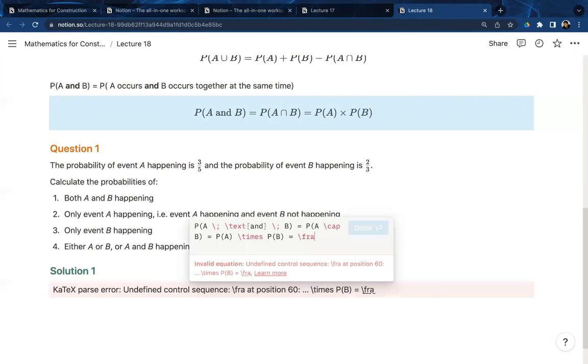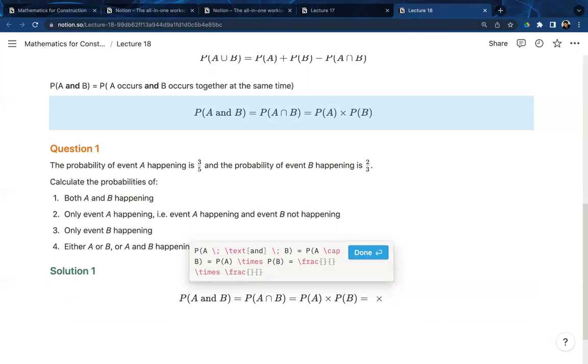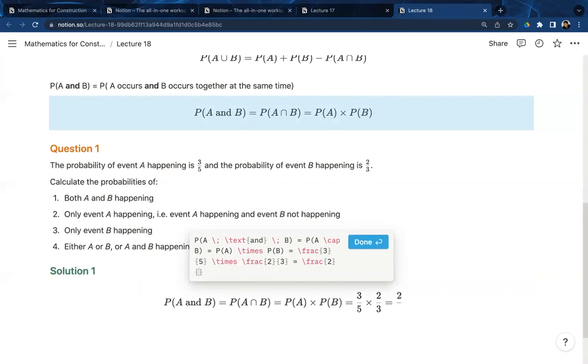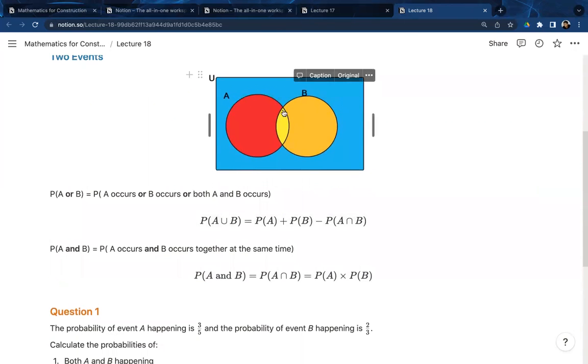So this is 3/5 multiplied by 2/3. The 3 will cancel to give 2/5. Right? So this is the probability that A and B happens, which is the intersection.